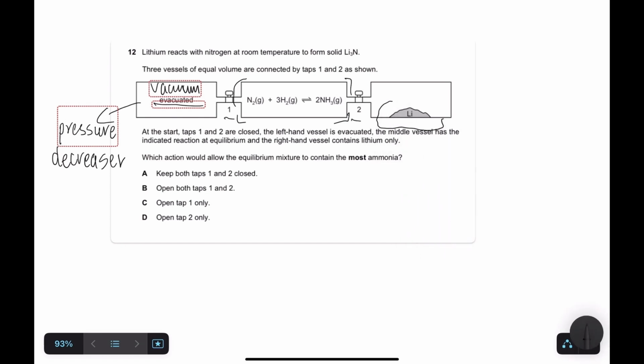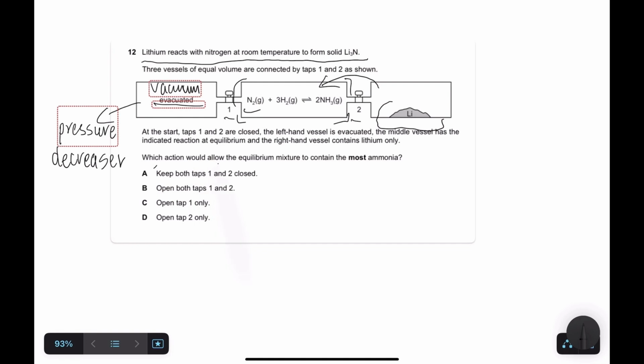So lithium reacts with nitrogen at room temperature to form Li3N. If we open tap 2, lithium would react with nitrogen, which is the reactant of this reaction.